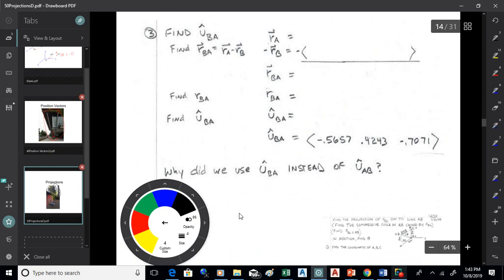Now we want to find a unit vector from B to A. So it's very similar to what we just did, with the exception that we don't scale it up by anything. We just want a unit vector this time. This is a unit position vector. It's pointing the direction from B to A. So that's the next thing to do.